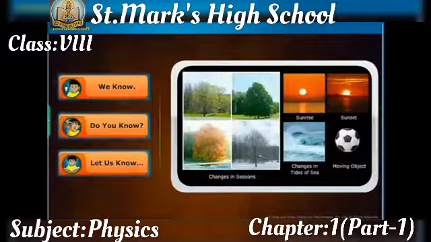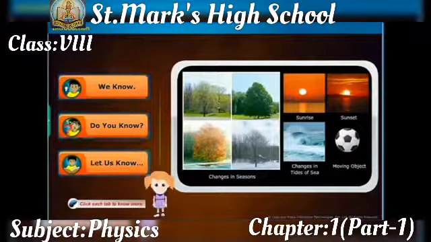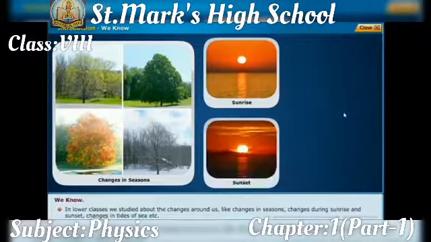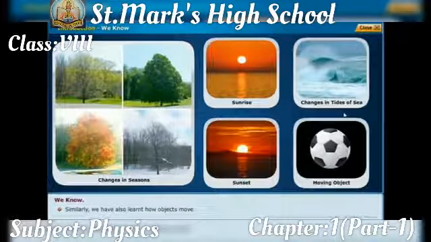Introduction. Before entering into the chapter, follow the instructions shown on the screen. Click each tab to know more. In lower classes, we studied about the changes around us, like changes in seasons, changes during sunrise and sunset, changes in tides of sea, etc. Similarly, we have also learned how objects move.